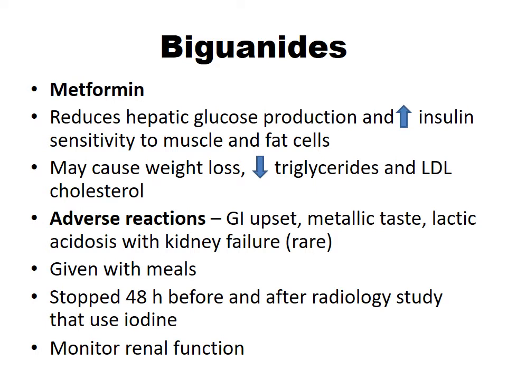May cause weight loss, decrease triglycerides and low density lipoprotein cholesterol. Adverse effects include gastrointestinal upset, metabolic effects, and lactic acidosis with kidney failure. Usually given with meals, stopped 48 hours before and after radiology studies that use iodine. Monitor renal function during treatment with metformin.